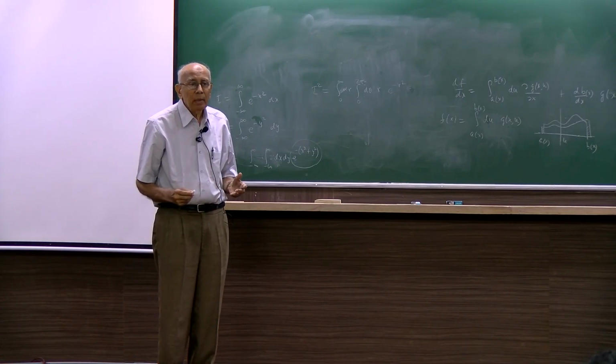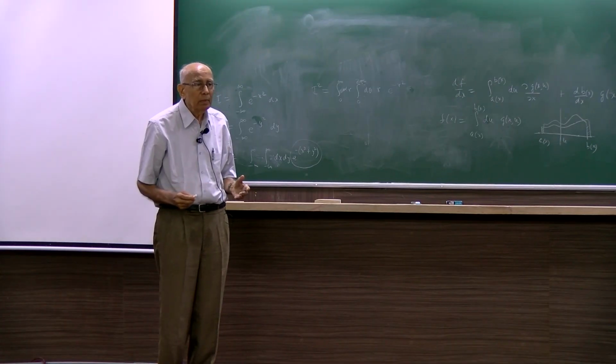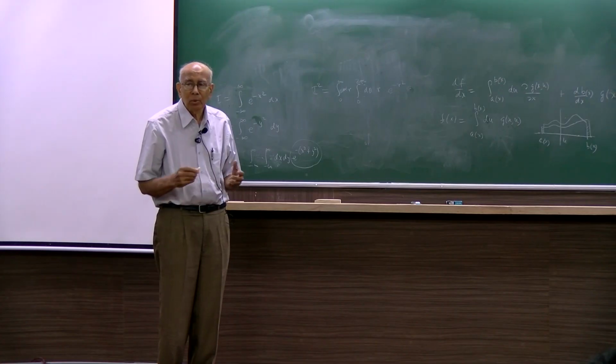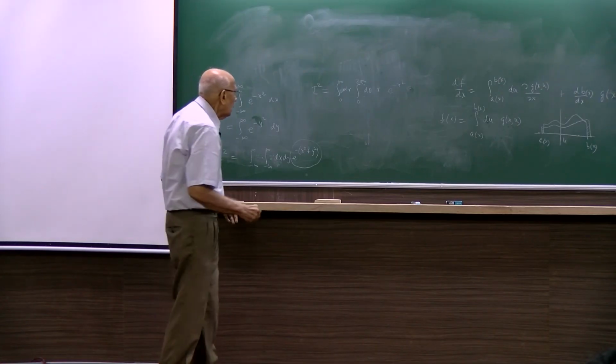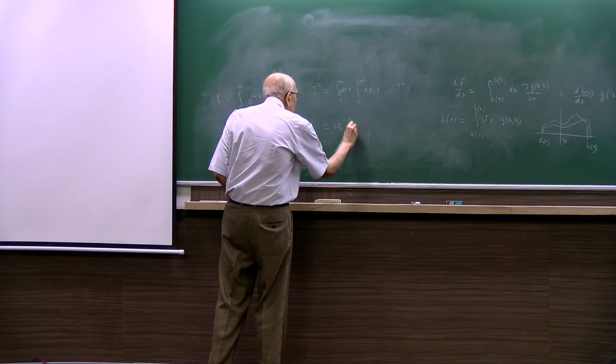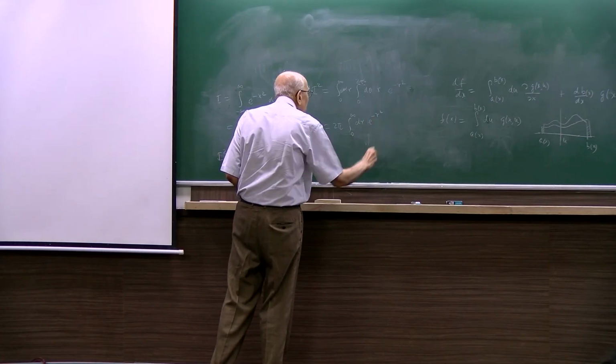You can do the theta integration immediately. 0 to 2 pi d theta. What's that equal to? It's just 2 pi. D theta is times 1, and 1 is integrated from 0 to 2 pi. So this is 2 pi times integral 0 to infinity dr r e to the minus r squared.